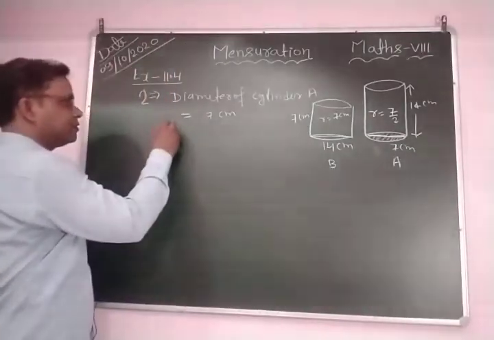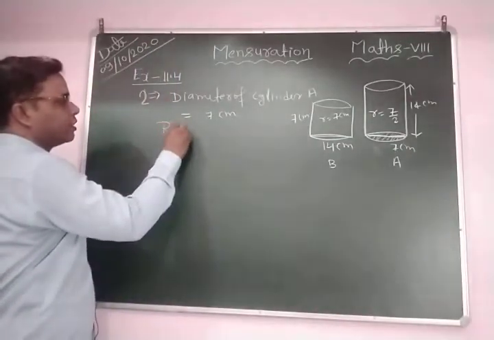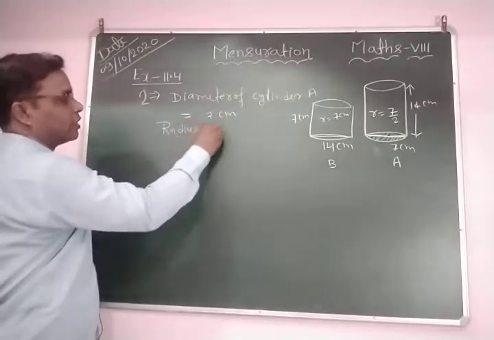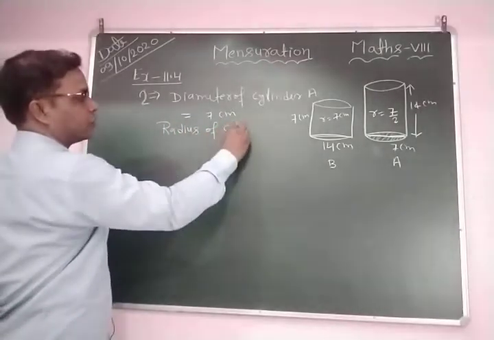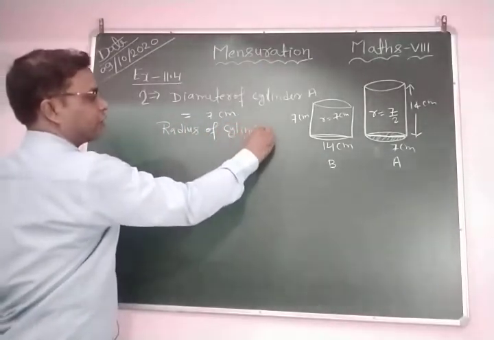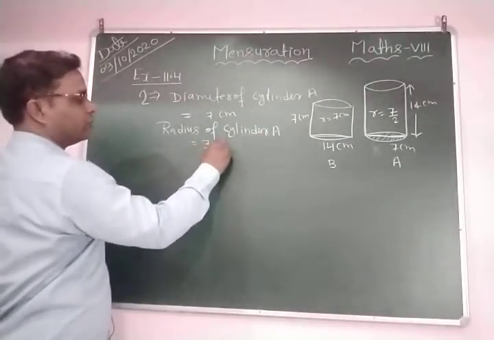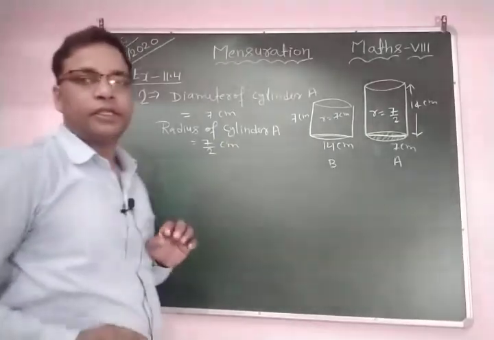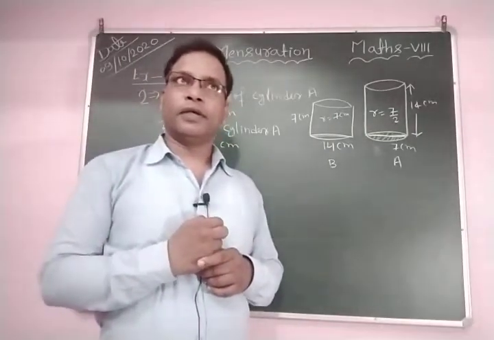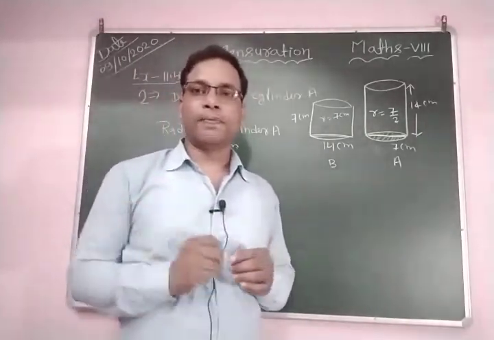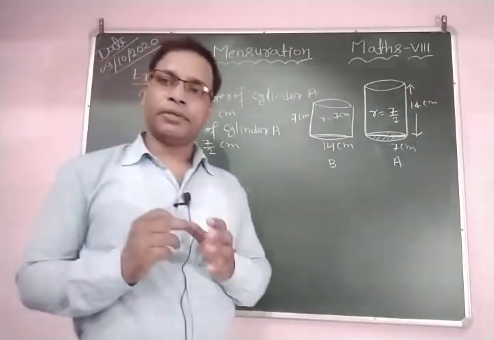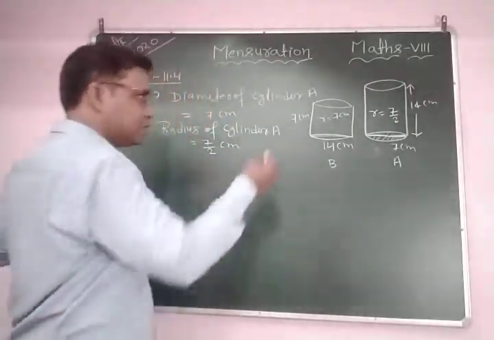So what is the radius? The radius of cylinder A is equal to 7 by 2 centimeter, because we know that the radius of a cylinder is equal to diameter by 2. Radius is half of the diameter.